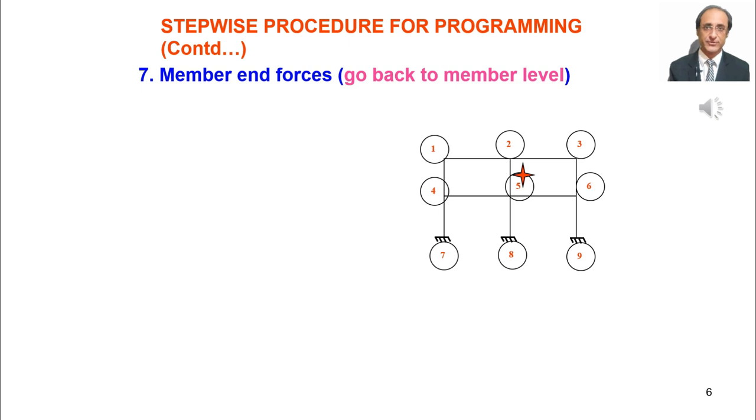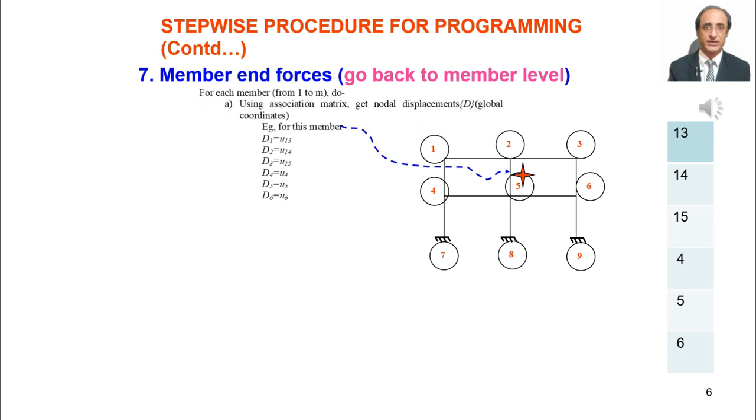Let's say the user has named joint number 5 as the near end and joint number 2 as the far end. Then we can get how the member degrees of freedom are related to the structure degrees of freedom. So the association matrix of this particular member would be 13, 14, 15 because these are the degrees of freedom associated with joint number 5, and 4, 5, 6 because these are associated with joint number 2. Hence we can extract the displacements pertinent to this member as shown below.